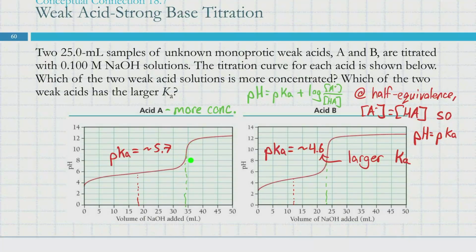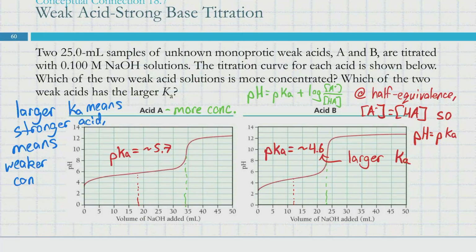So at our equivalence point, if we have a larger Ka, larger Ka means a stronger acid, which means weaker conjugate base. So lower pH at equivalence.